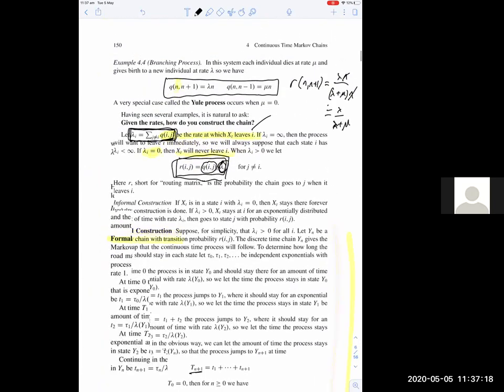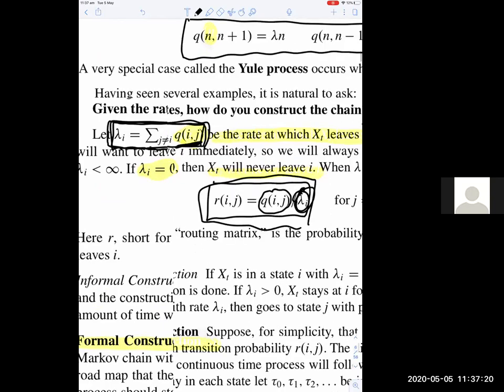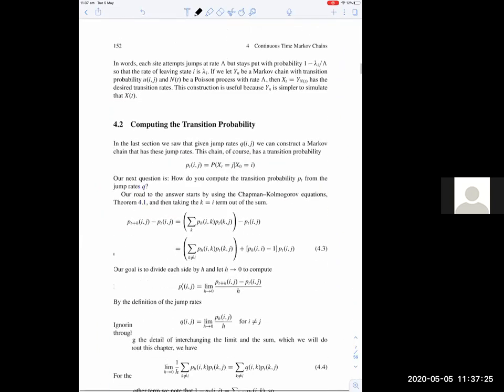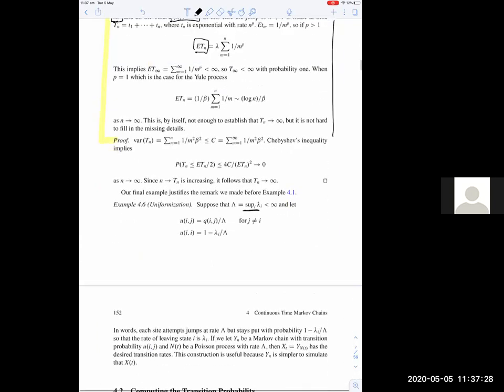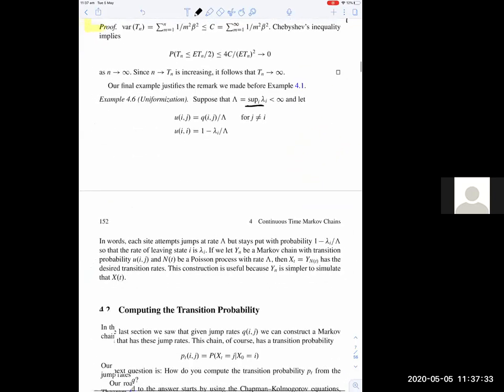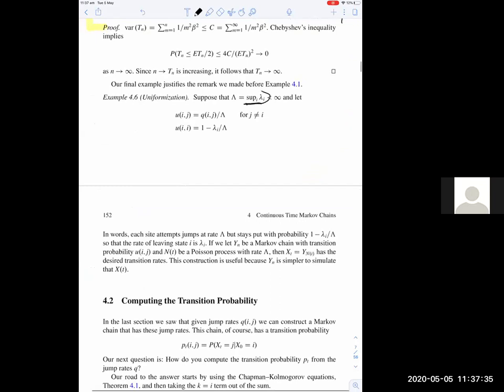If you have a finite number of states, that's always going to be the case. Even if you have an infinite number of states, that's why you need a supremum, that means the least upper bound is finite. It's not that this thing can keep increasing. In this case, you call this the maximal rate, capital lambda.